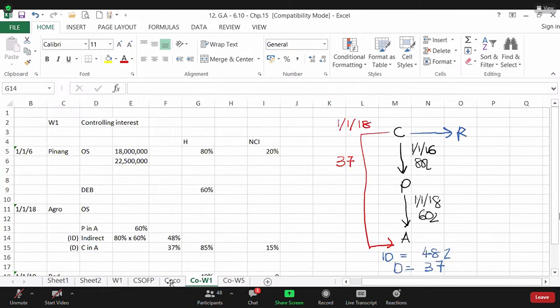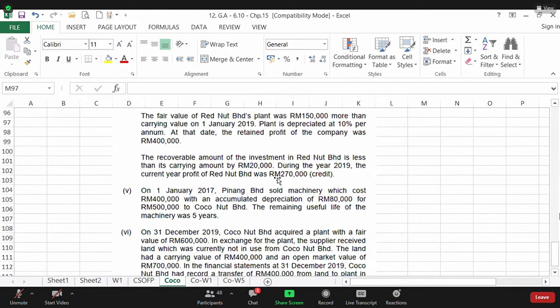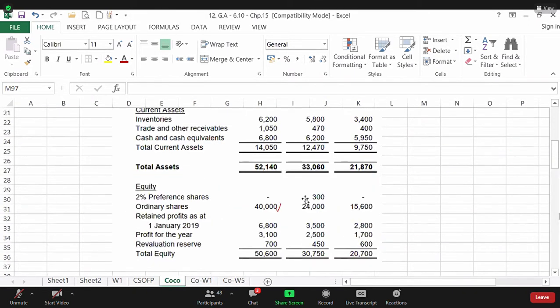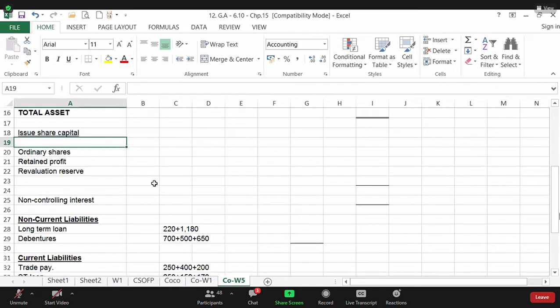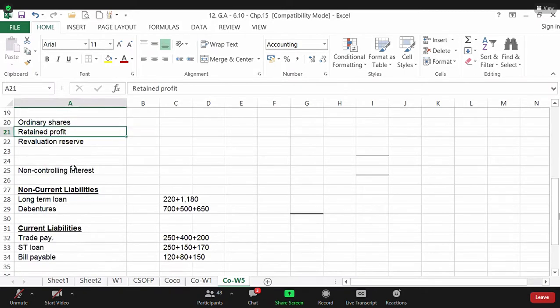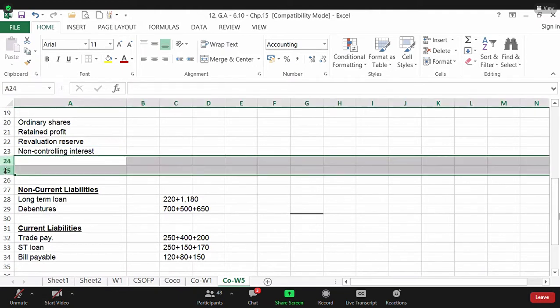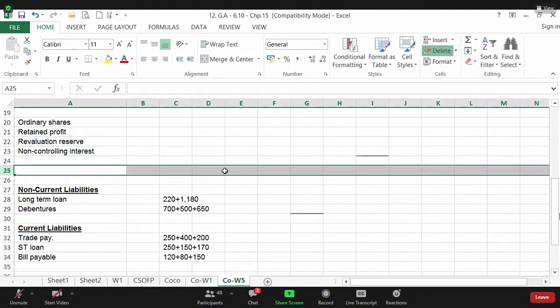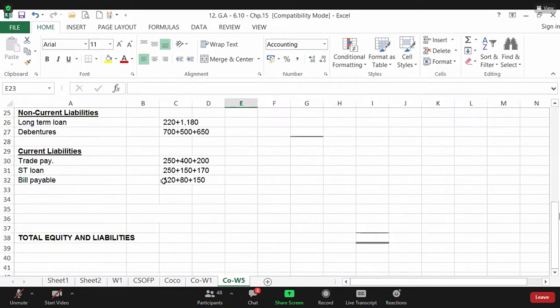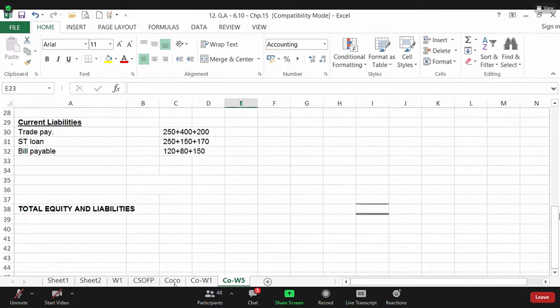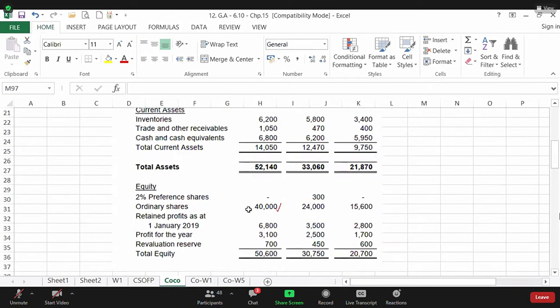It was under subsidiary, not under parent. So you don't need to put because you're going to eliminate. So ordinary, non-controlling interest, and then current liability, trade payable, long term, and bill payable. That's all.